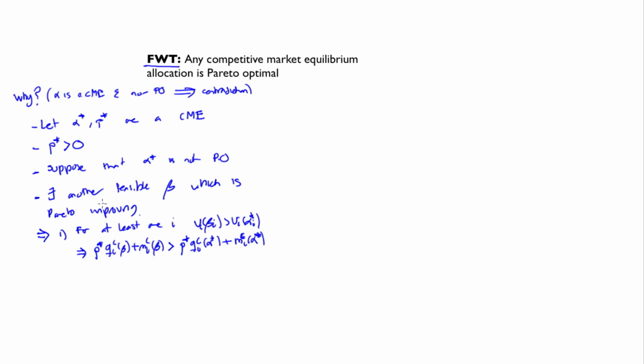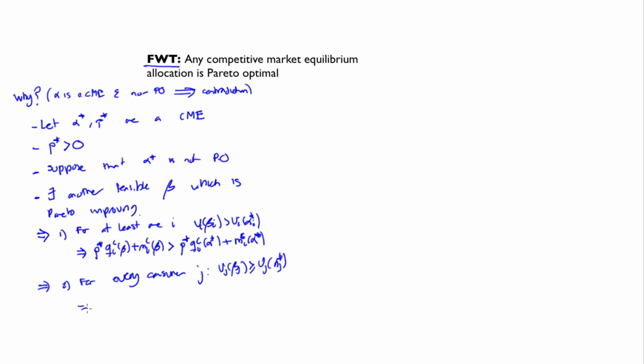Now, the fact that there is a beta that is Pareto improving also implies that for every consumer J, U of J of beta J is greater than or equal to U of J of alpha J star. We know that a movement to a Pareto improving allocation cannot hurt anyone. Hear this.